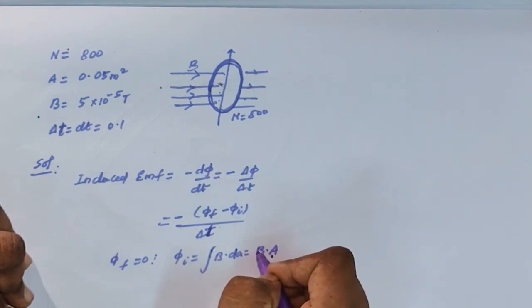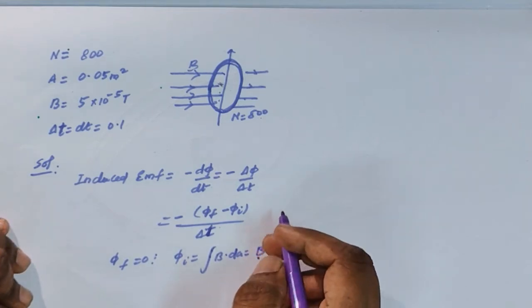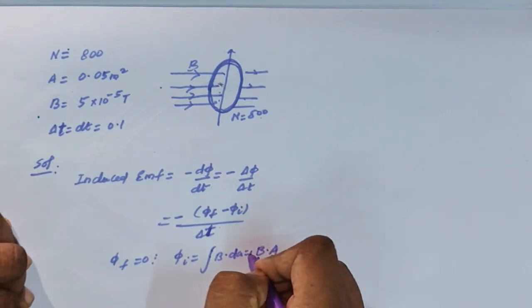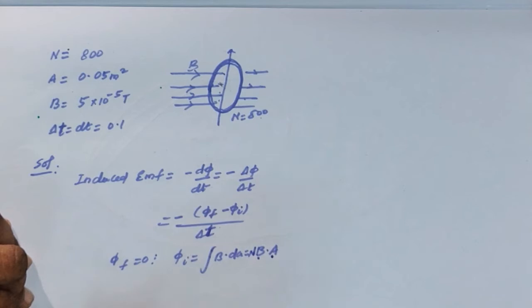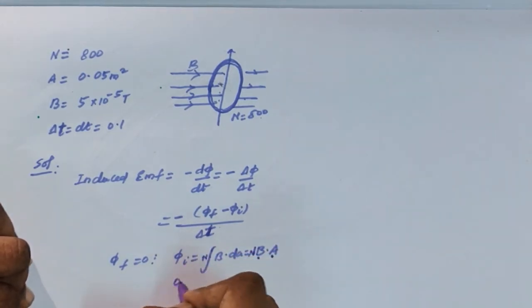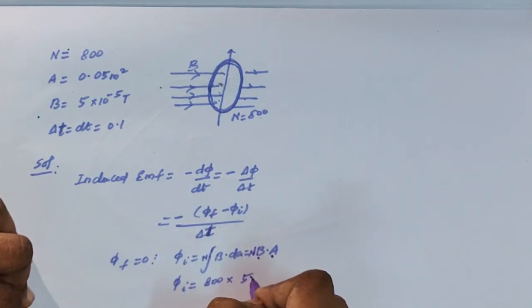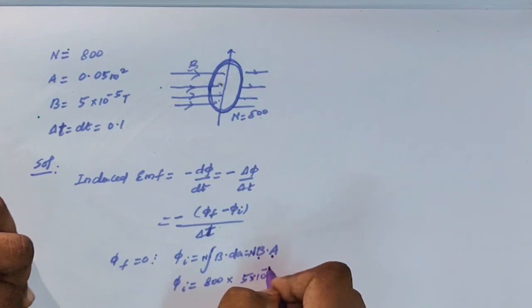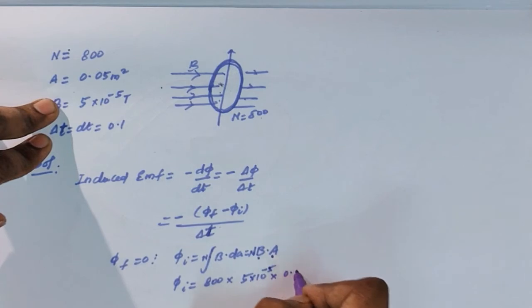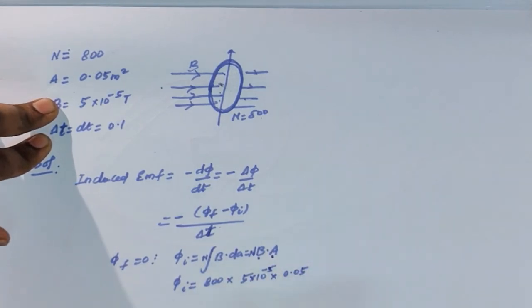Since we have n number of turns, not a single turn, it is simply NBA. So the initial flux is equal to the number of turns 800 times the magnetic field 5 × 10^-5 times the area 0.05.